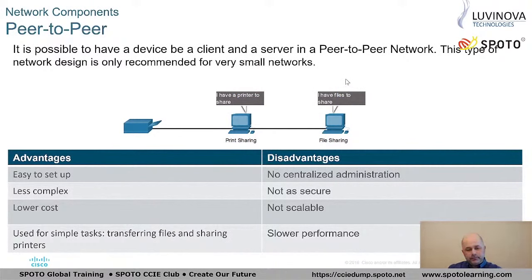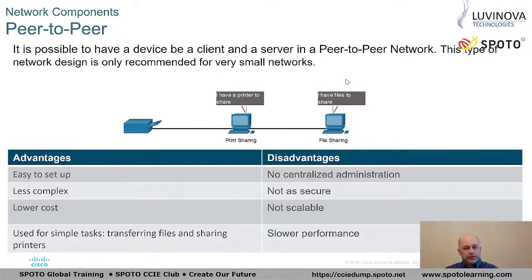Peer-to-peer role. Still, we are in the position of the network component. In peer-to-peer role, it is possible to have a device be a client and the server in peer-to-peer communication. Why? Because peer-to-peer communication is not centralized, is not secure, because every single computer takes care of its own security and its own administration.